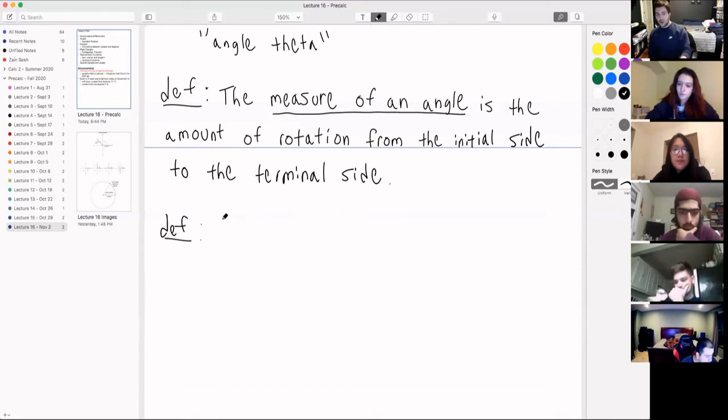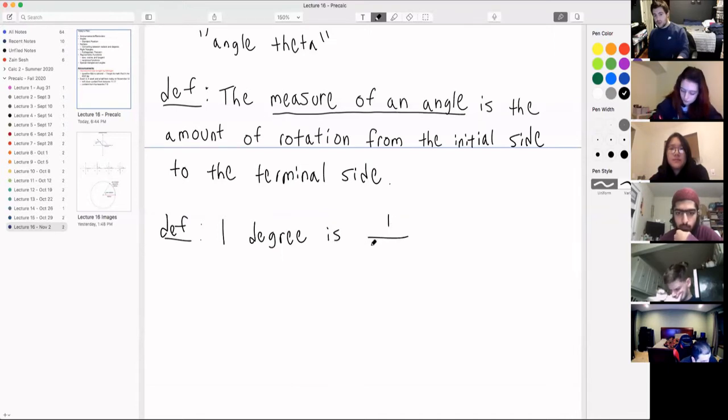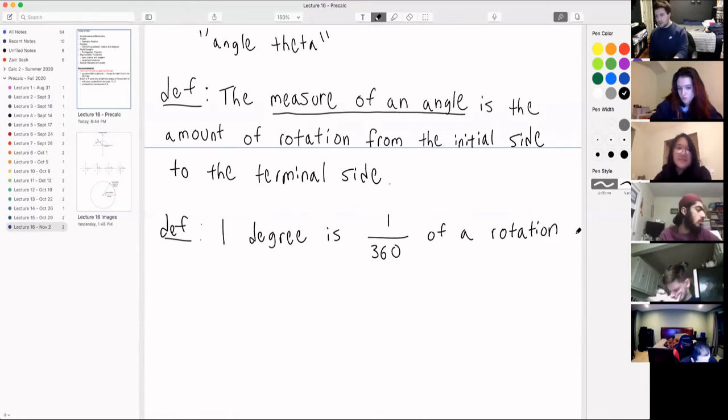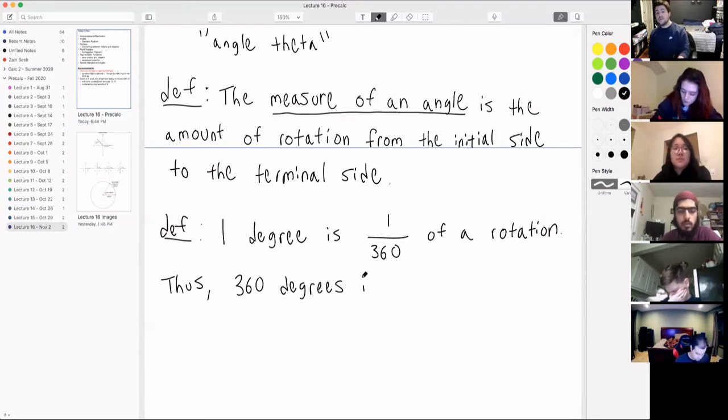By definition, 1 degree is 1/360th of a rotation. Thus, 360 degrees is a complete rotation.